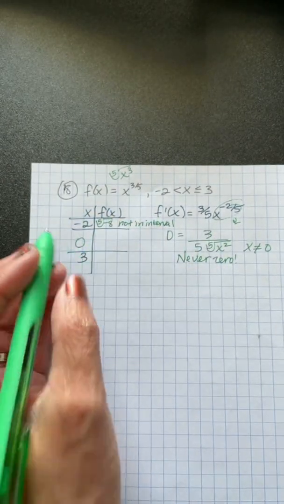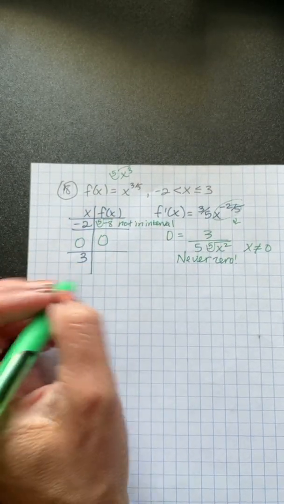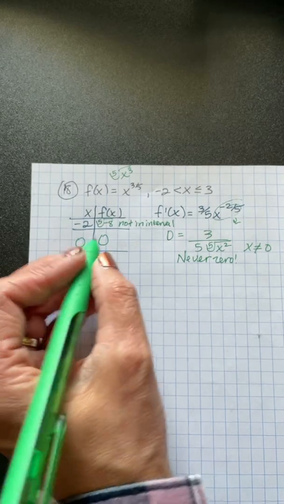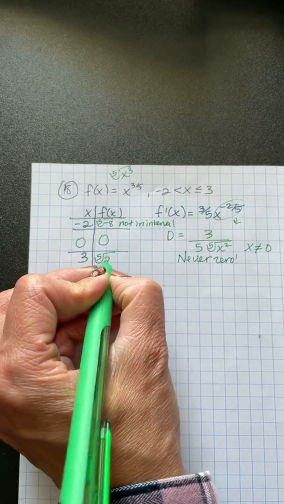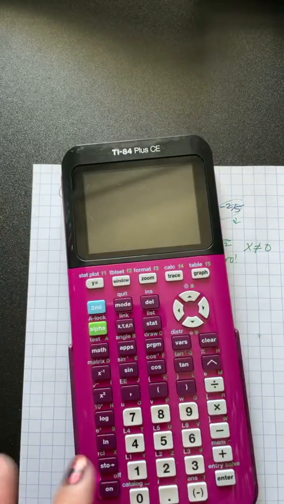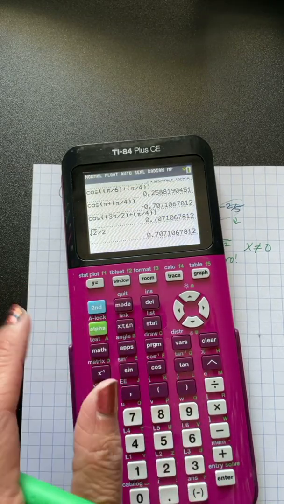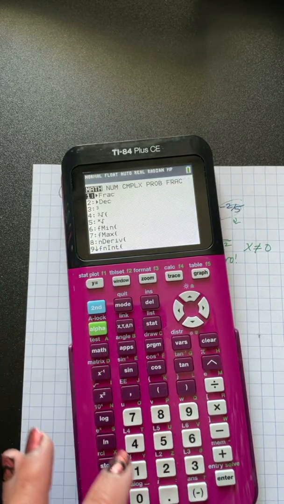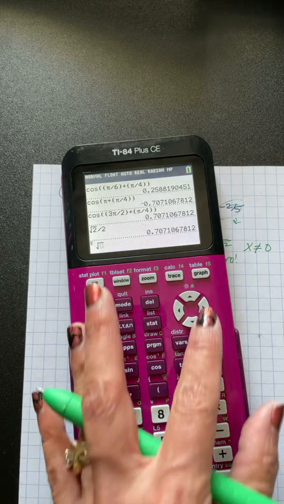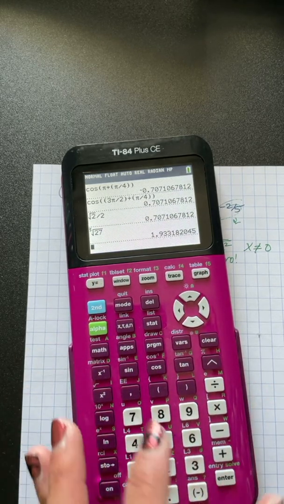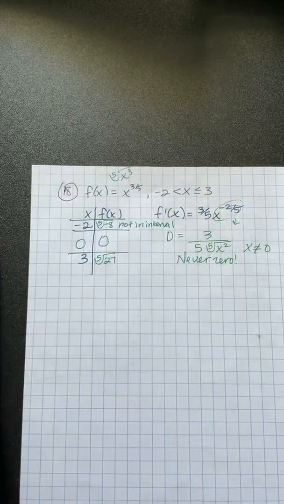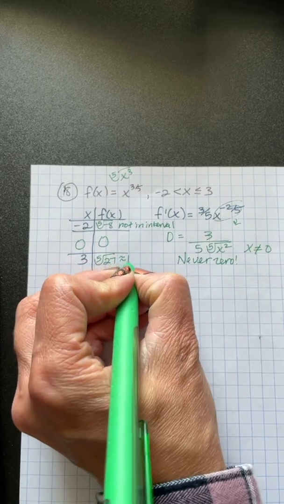If I plug in a 0, the 5th root of 0 is 0. Plug in a 3, the 5th root of 3 to the 3rd, that would be the 5th root of 27. I need to figure that out in the calculator. So I need math 5, the 5th root of 27 is 1.933, approximately.